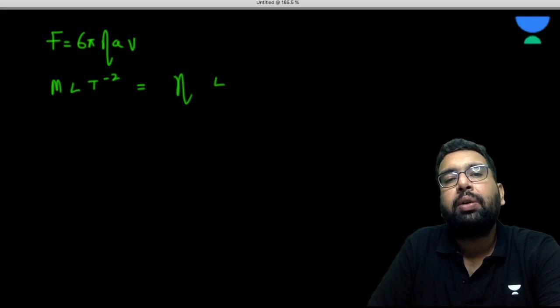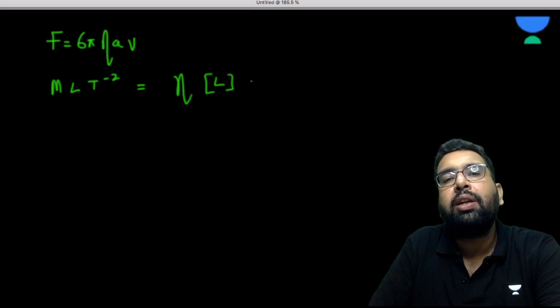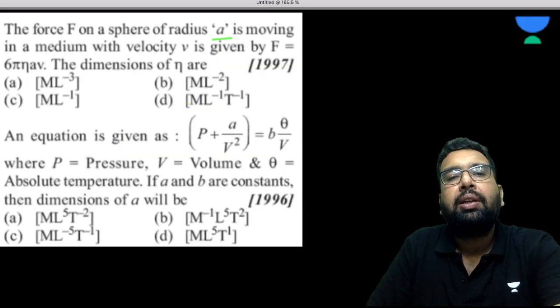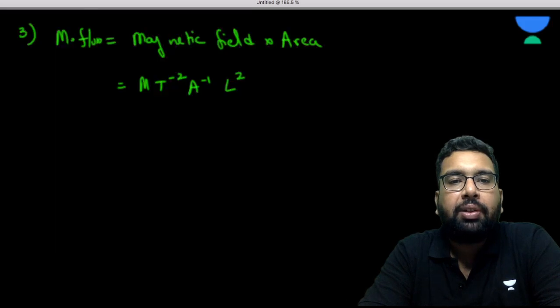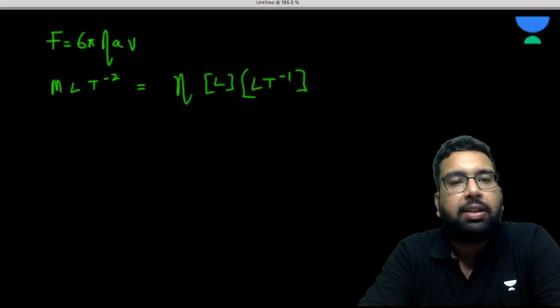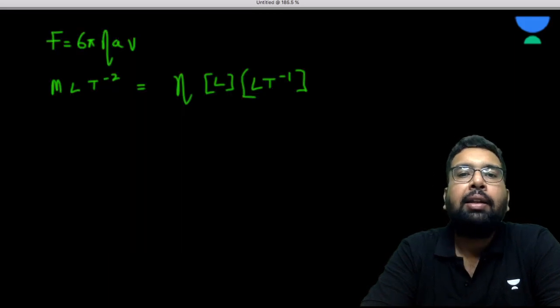So the dimension of A is L. And the dimension of V is L T minus 1, because V is velocity. Now let's check the options: M, L minus 1, and T minus 1.